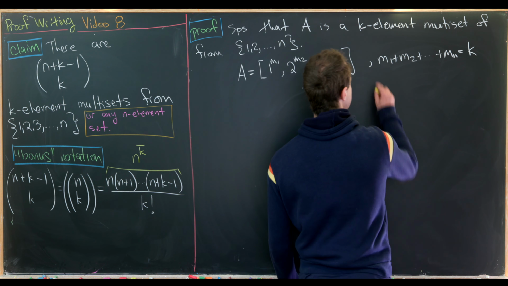Each of these corresponds to a k-element multiset of an n-element set. That n-element set is written as x1 up to xn. So we know exactly how many of those there are, and those are n plus k minus 1, choose k such solutions, because that's the same number as the number of multisets. Okay, let's do another example.